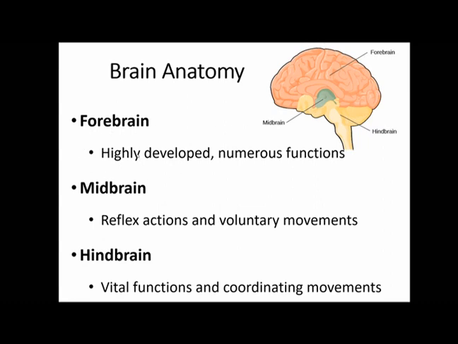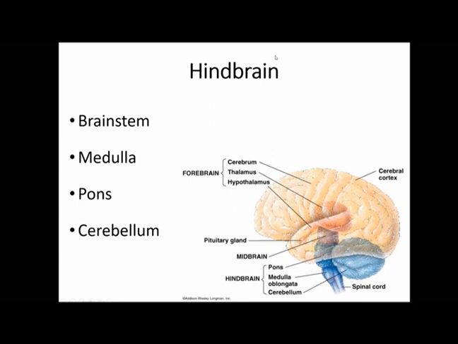And we'll talk about all of the sub pieces of each of these broad categories, one at a time, so that we can see what specific functions fall under each area more broadly. So we'll start actually at the bottom with the hindbrain. And we'll talk about our brainstem, our medulla, pons, and cerebellum.